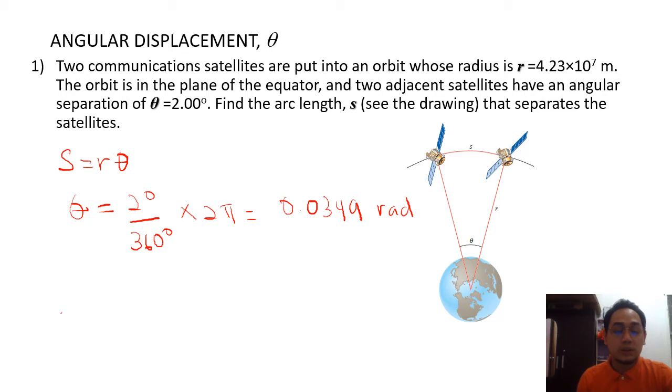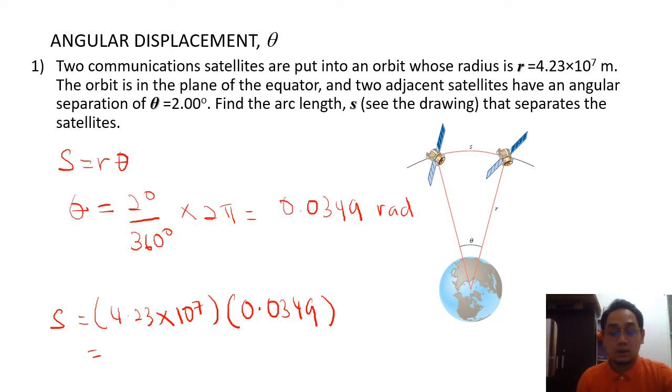So we're going to get s equal to 4.23 times 10 to the power of 7 times 0.0349. So the answer is 1.48 times 10 to the power of 6 meter. So this is the answer.